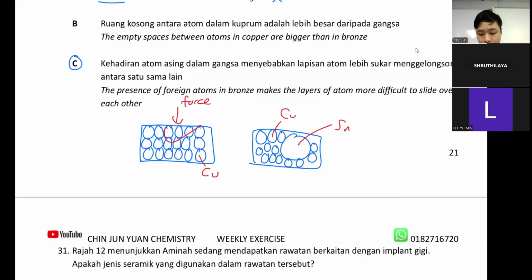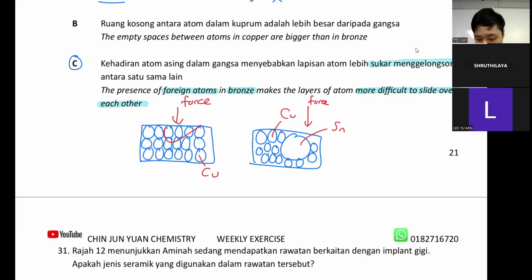In this case, when you apply the same force, this thing won't easily get broken, won't easily get dented, won't easily change shape, because this thing is stronger material. That's why you call it bronze. When you add the foreign atom, it means different atom, it makes it very difficult to slide over each other.